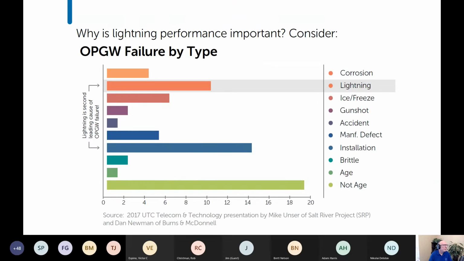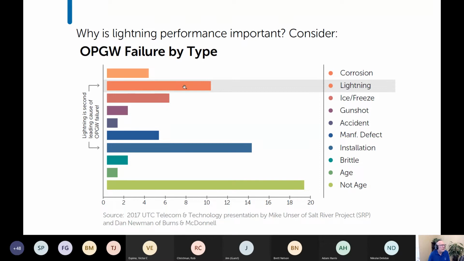So why is lightning performance important? Well, look at this. The UTC did a survey of its members some years ago and then published a paper by Mike Unser of Salt River Project and Dan Newman of Burns and McDonald in 2017 at the UTC National Conference.